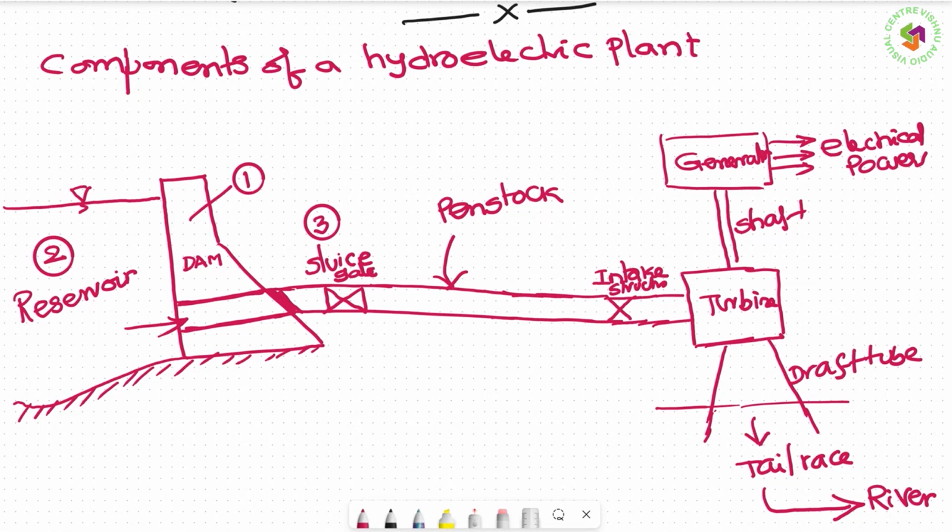Penstock means the usually large size pipes. The moment you say penstock, that means the water carried through that pipe is used for producing hydropower. That is the meaning of it. So there is a specific name for the pipes taking water to produce power, which we call penstock. Usually it is of very large size.